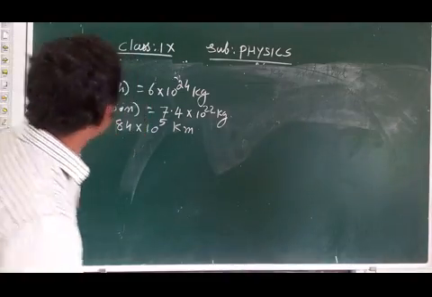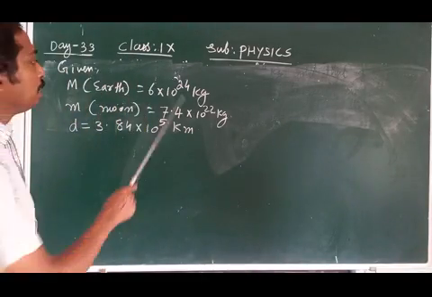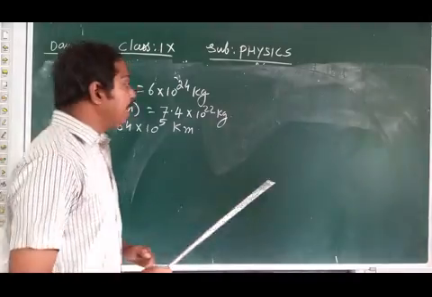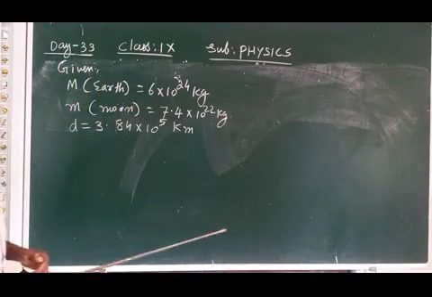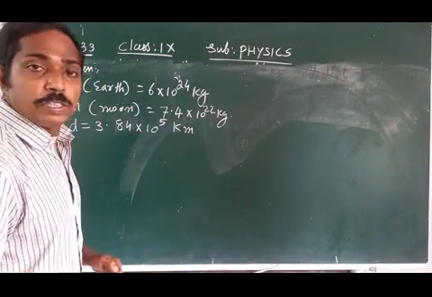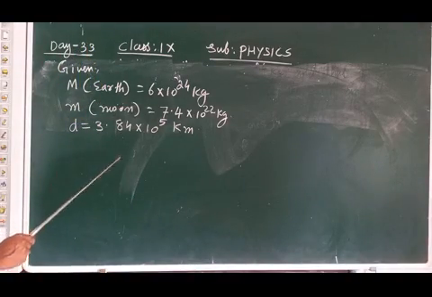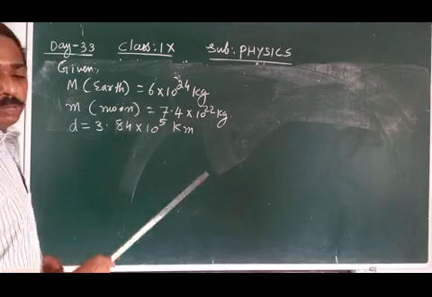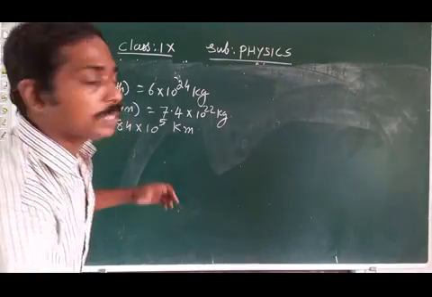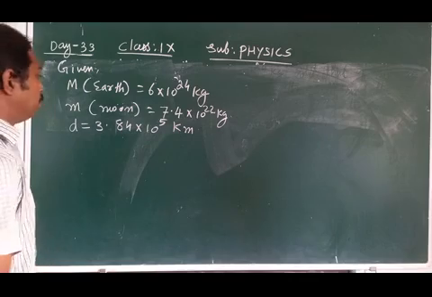I will explain. Mass of earth is 6 into 10 raised to 24 kg. Mass of moon is 7.4 into 10 raised to 22 kg. Distance between earth and moon is 3.84 into 10 raised to 5 kilometer. This kilometer you have to convert into meter.